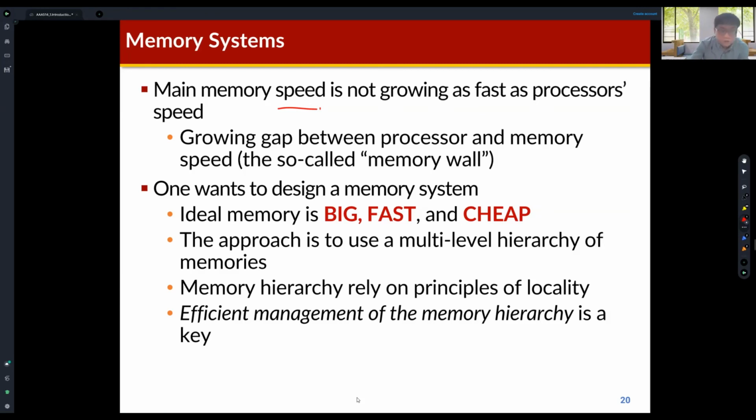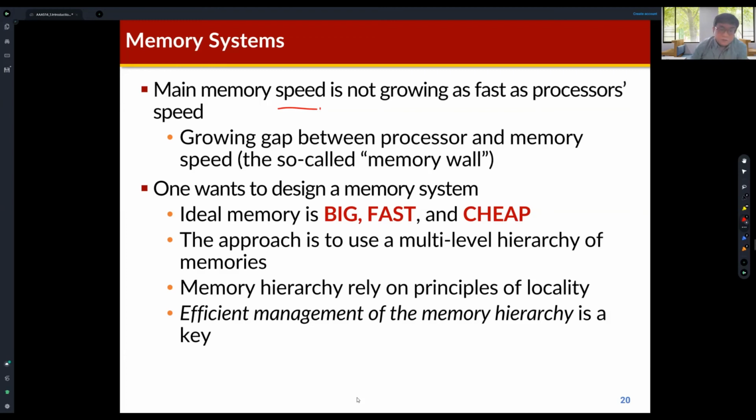But as I mentioned, all data exists in main memory. The processor fetches data from this memory, and then the processor can execute instructions only using this fetched data. So memory speed is very important. That's why we are using a memory hierarchy, but memory speed is still slow.